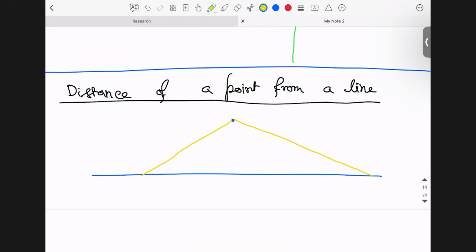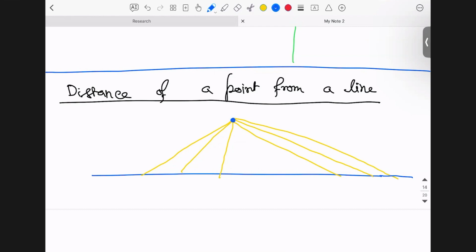So we are joining this blue point and any point on the straight line. All these lines give some particular distance, but what will be the shortest distance from this blue point to this straight line?